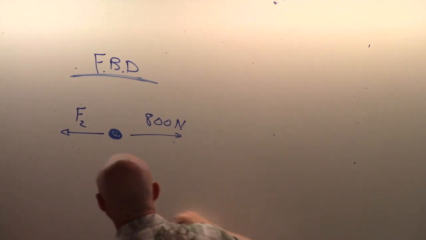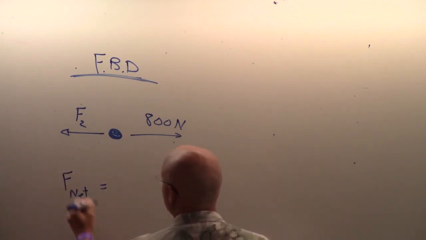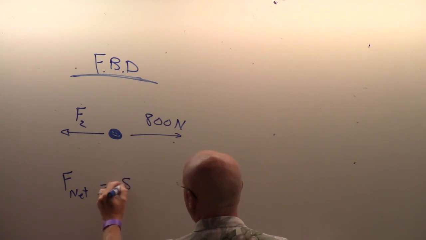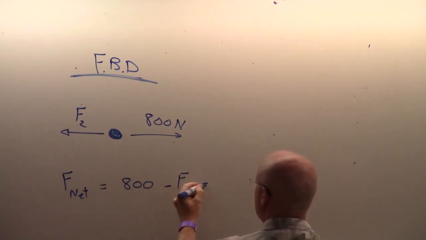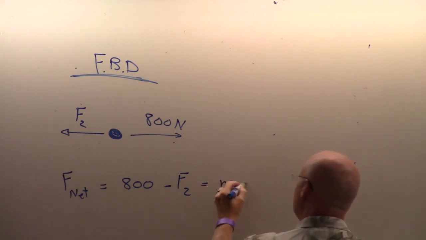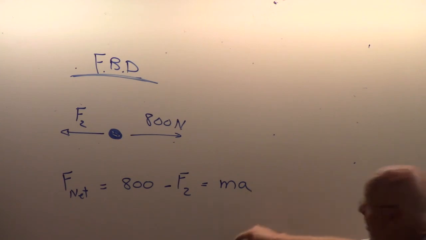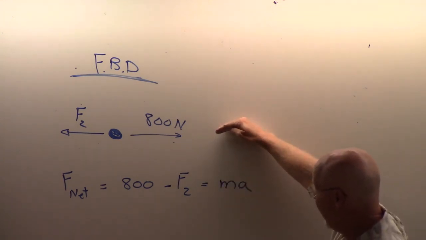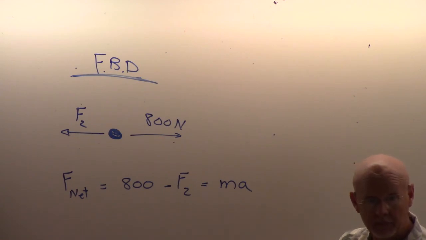And so when I go to calculate net force, I would go, I guess, 800 positive direction minus F2. That has to equal mass times acceleration. So that's what I mean by step 3. Once you get the free body diagram, then write out the equation.